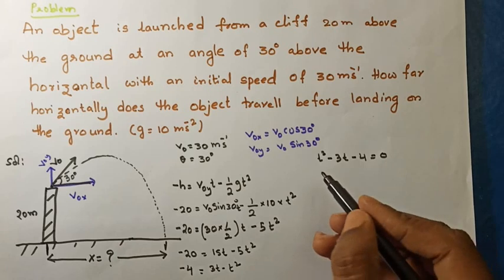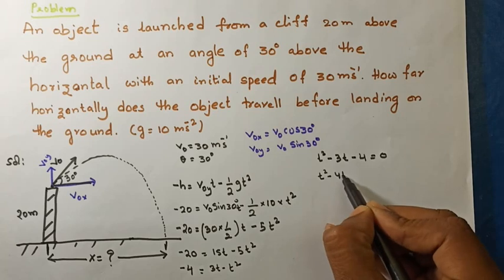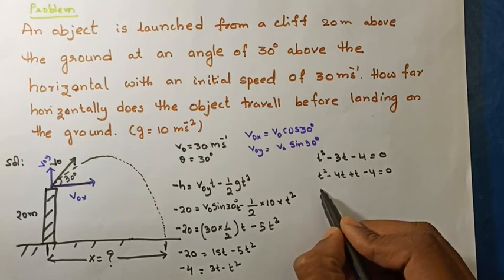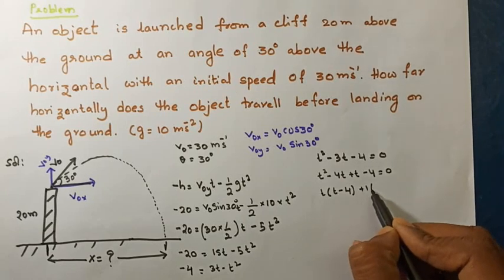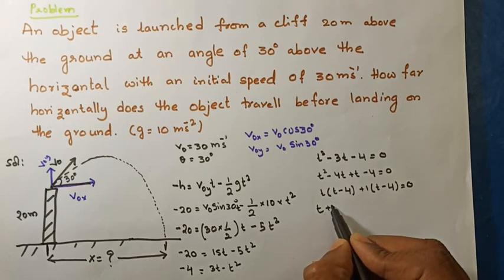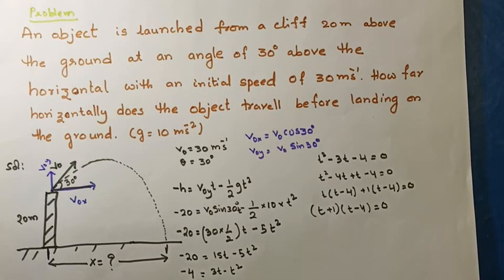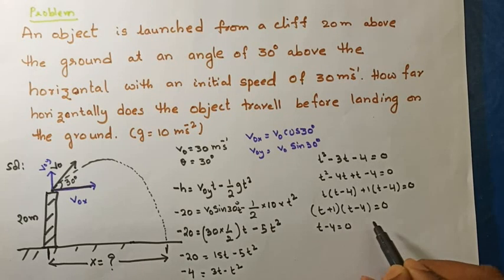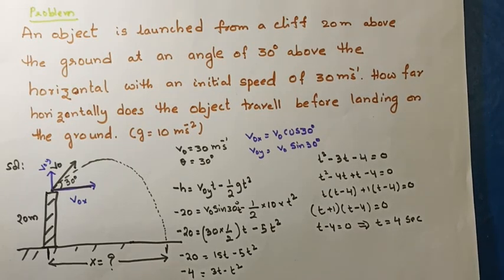Let us factorize. t square minus 4t plus t minus 4 is equal to 0. I'll take t common here. t into t minus 4, plus t minus 4, is equal to 0. So t plus 1 into t minus 4 is equal to 0. As time is not negative, we will choose t minus 4 is equal to 0, then t is equal to 4 seconds. Right?